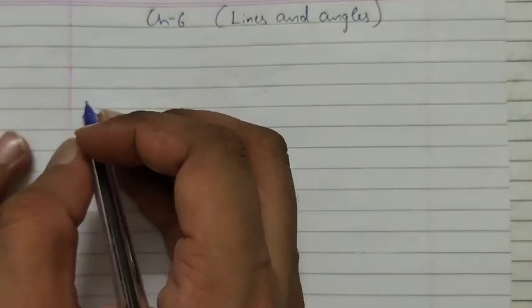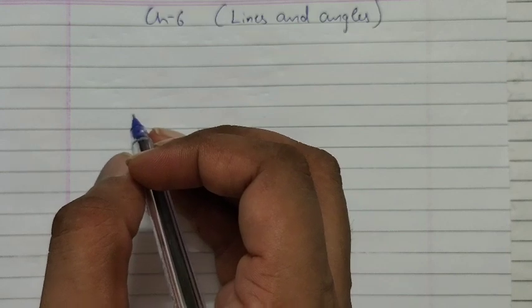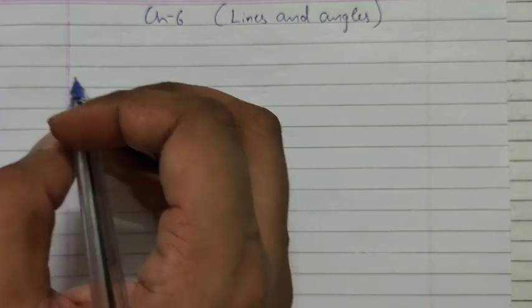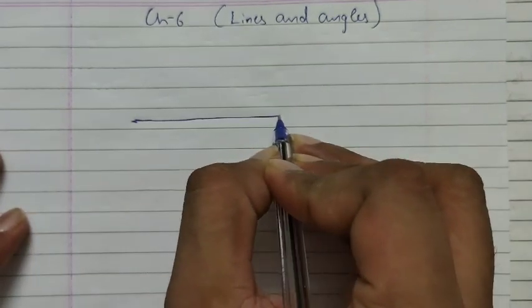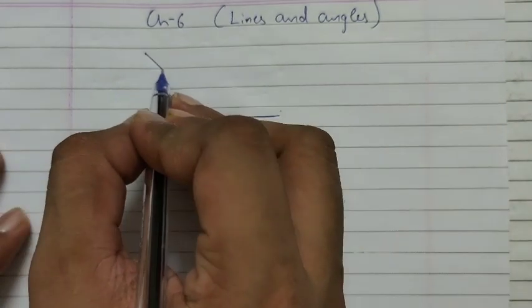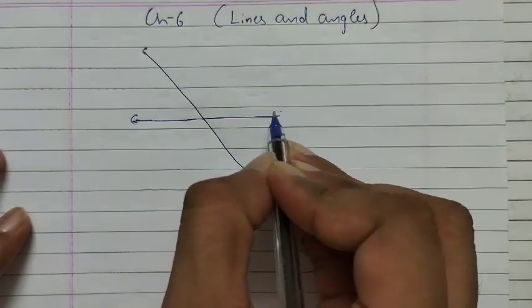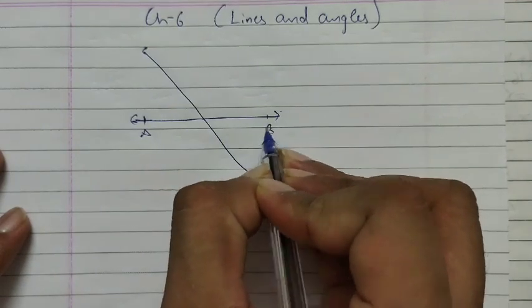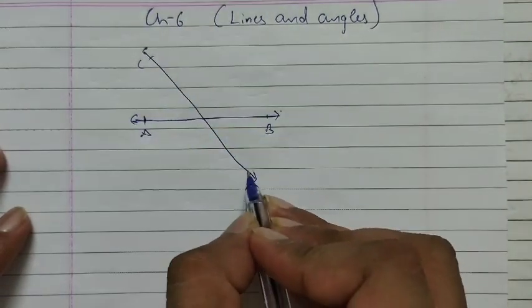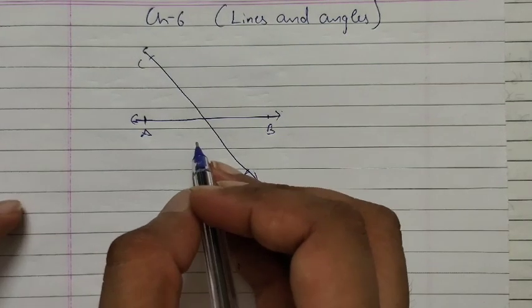So there are a few things we should know before going for this exercise. First thing is, suppose this is a line, right, and this line intersects this line, right? So let's say this is A, B, C, D. A few things I would like to tell you.